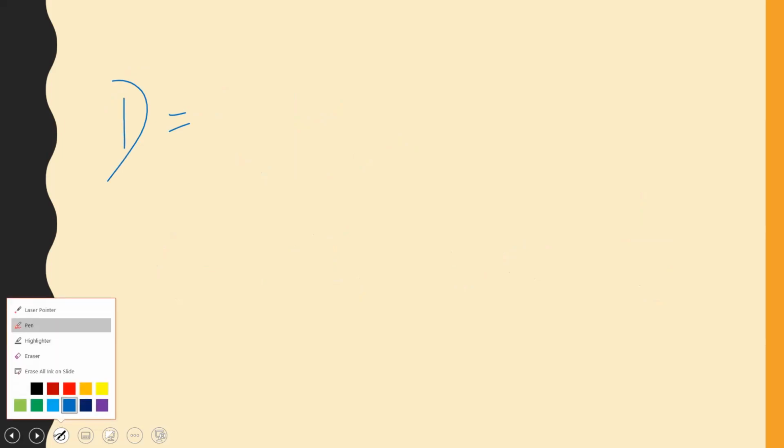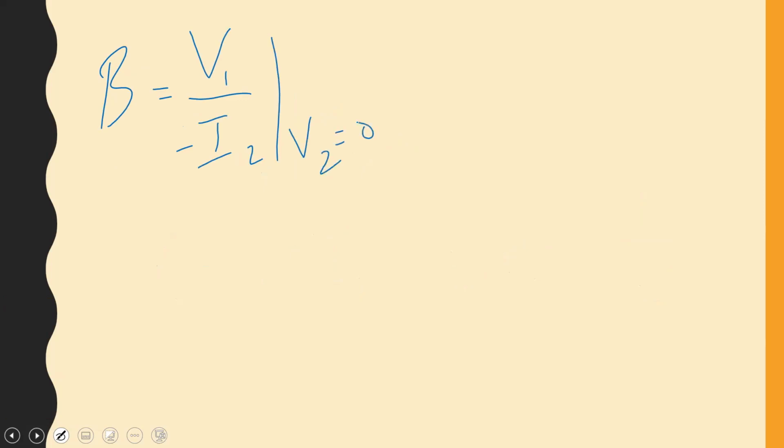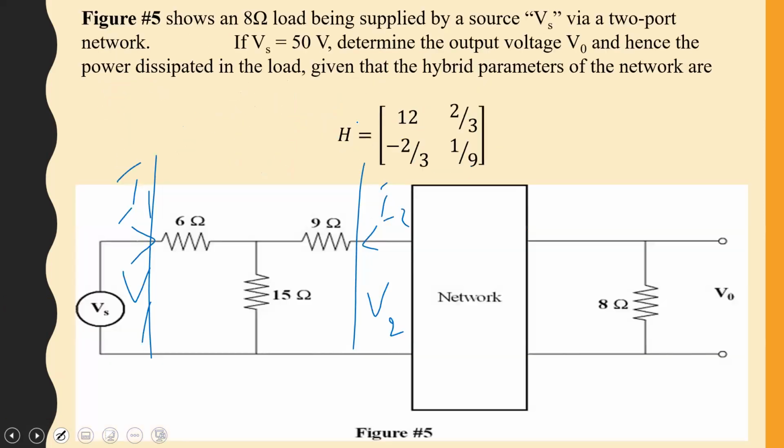For B, we have V1 over minus I2, and this is with V2 equals 0.